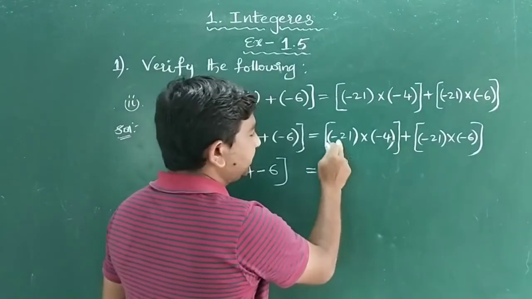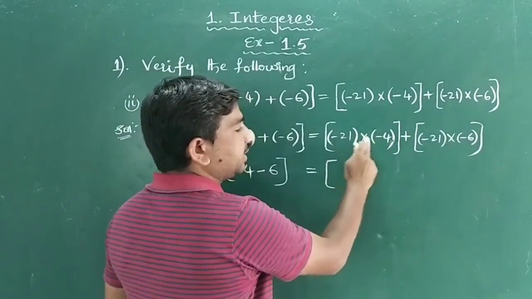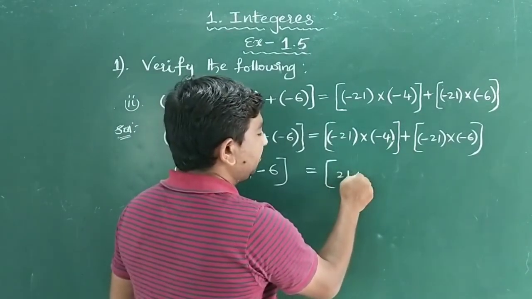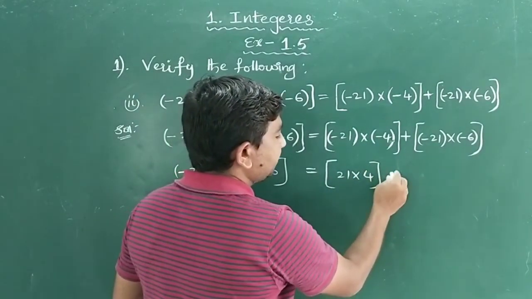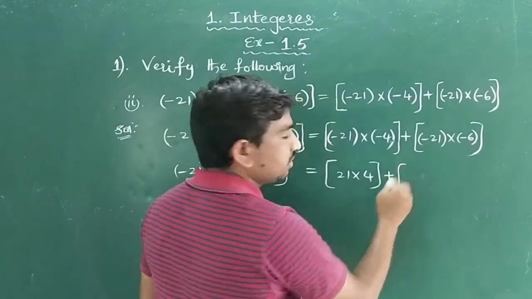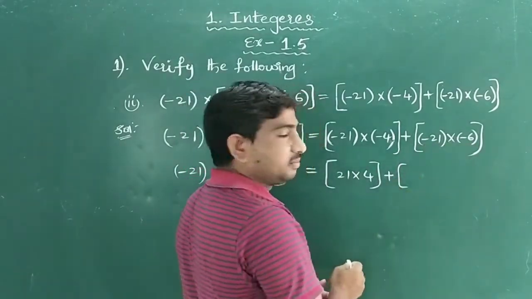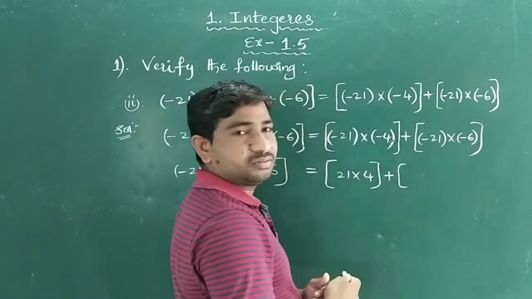On the right side, simplify these two: minus into minus is plus, so 21 into 4 we write first, plus afterwards. Again minus into minus is plus, so 21 into 6.